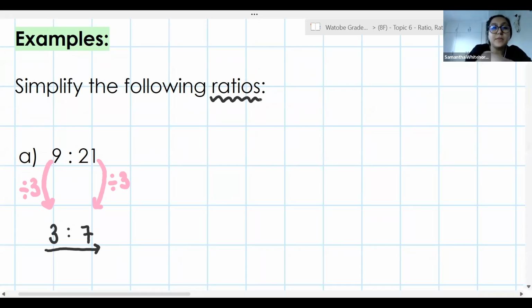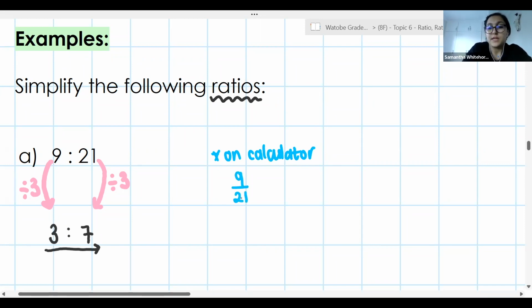But if we're feeling a bit stuck, we can use our calculator. So if you're going to use a calculator, this is how you would do it. I don't have my calculator with me, unfortunately, so we're just going to have to do this. On your calculator, you would type in as a fraction 9 over 21. And your calculator would give you 3 over 7. Now, as you can see, those answers have a very strong relation to each other.